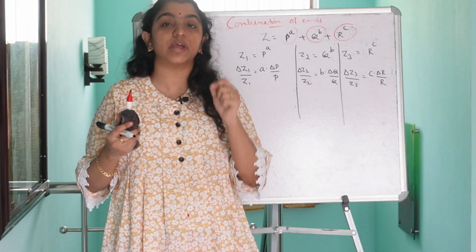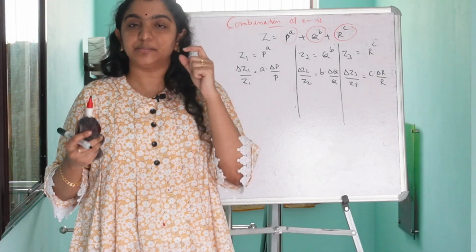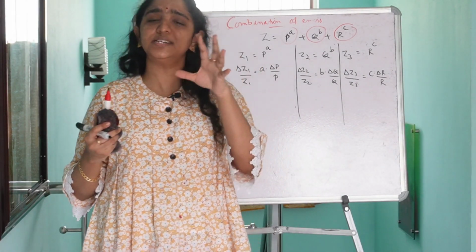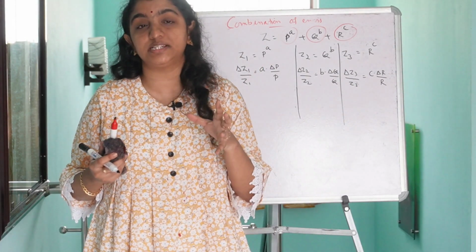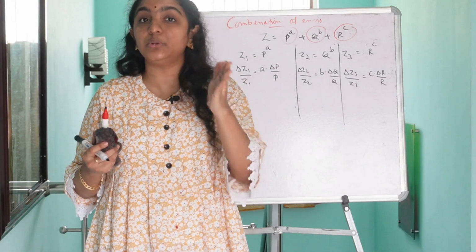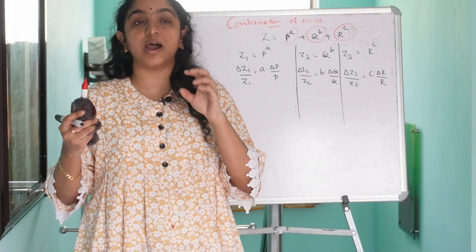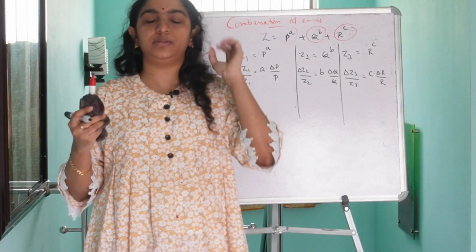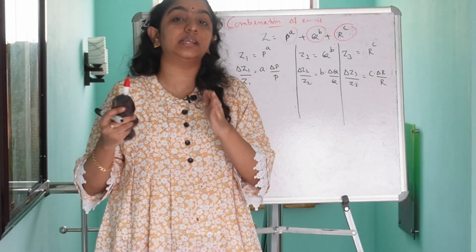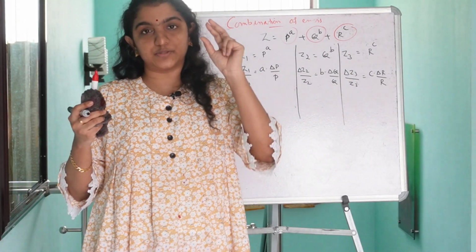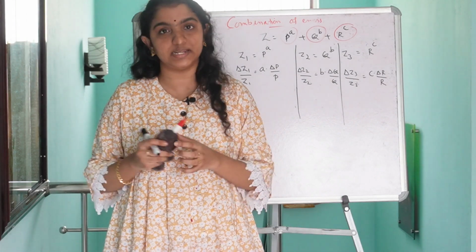But in the case of addition and subtraction, instead of relative error, the absolute error of individual measurements is connected to the absolute error in the resultant. Is it clear?